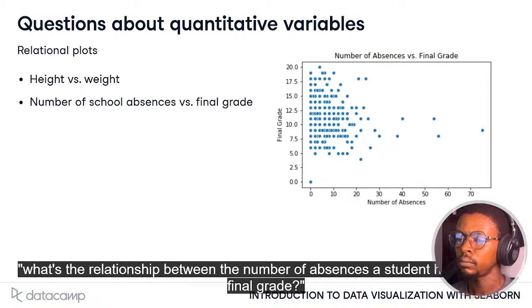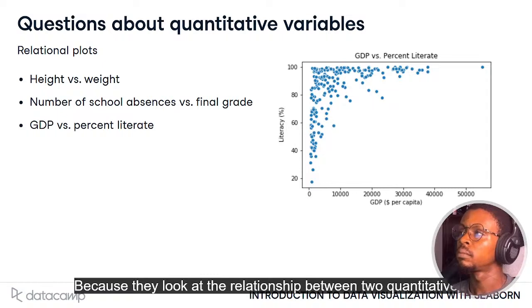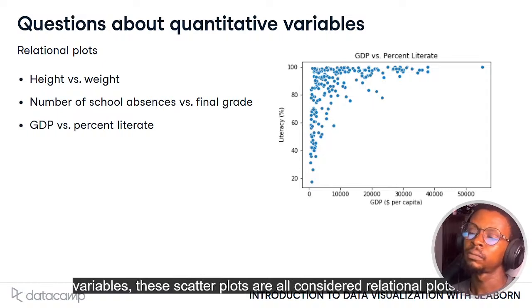What's the relationship between the number of absences a student has and their final grade? And how does a country's GDP relate to the percent of the population that can read and write? Because they look at the relationship between two quantitative variables, these scatter plots are all considered relational plots.